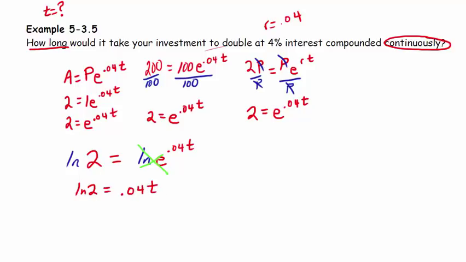Alright, then I divide both sides by 0.04, and I get the result here: natural log of 2 divided by 0.04.